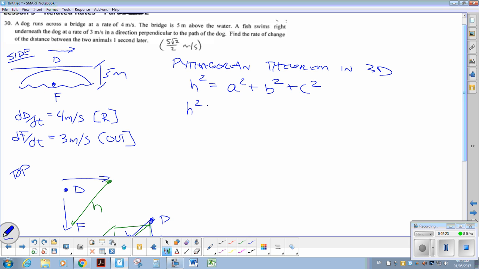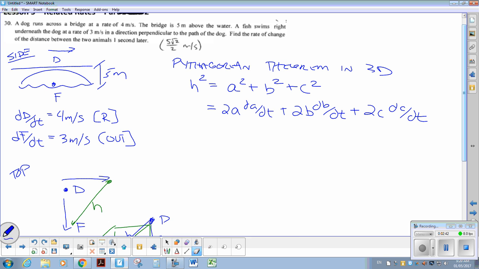Taking the derivative, I'm going to call the dog a, so 2a dA by dt plus 2b dB by dt plus 2c dC by dt. And h should have the derivative taken as well: 2h dH by dt. All my 2's drop out. I am solving for dH by dt, so that's what I'm trying to isolate.